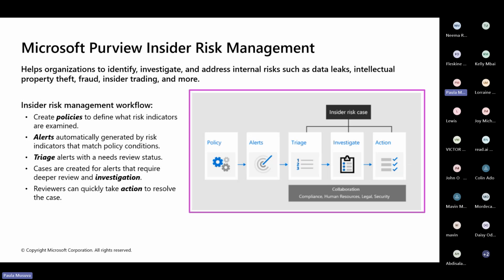So we were talking about insider risk. Now, what is the approach to handling this and being ready? The first, as you can see there with insider risk, is defining the policies. There needs to be some insider risk management policies defined.